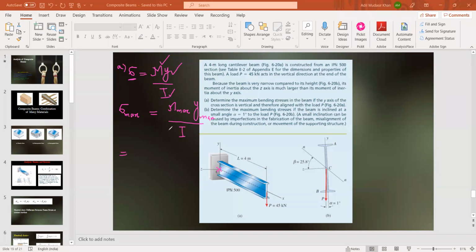M max, the maximum, is at the fixed end, and its value will be equal to P into L. This is the moment at the fixed end, multiplied by Y, the distance from the neutral axis. We know the maximum bending stress occurs at the top and at the bottom.